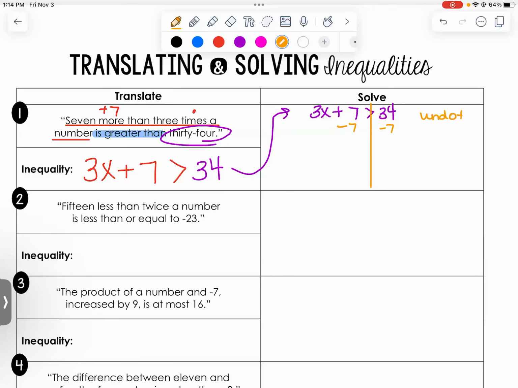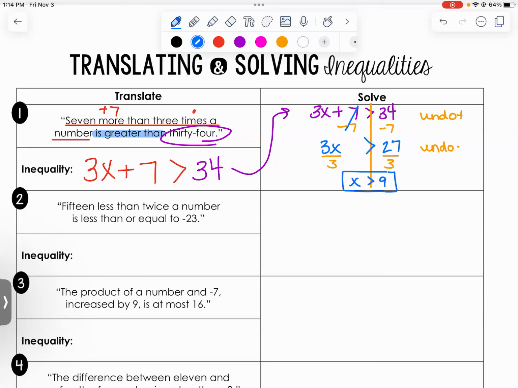So we get 3x is greater than 27, right? Okay. Emma, now what do we need to undo? So we get x is greater than 9. Very good.